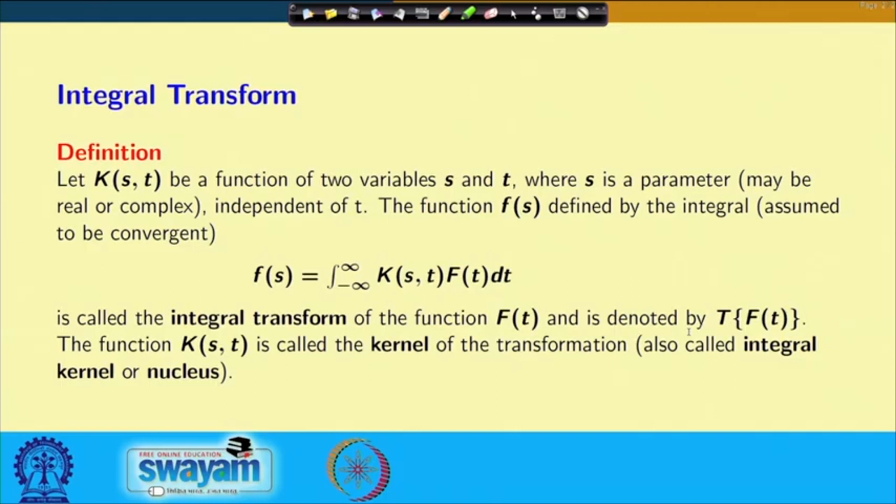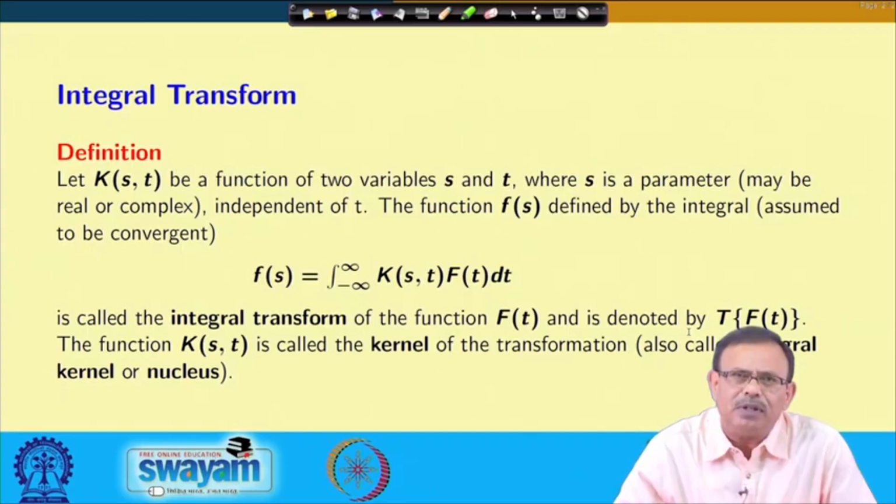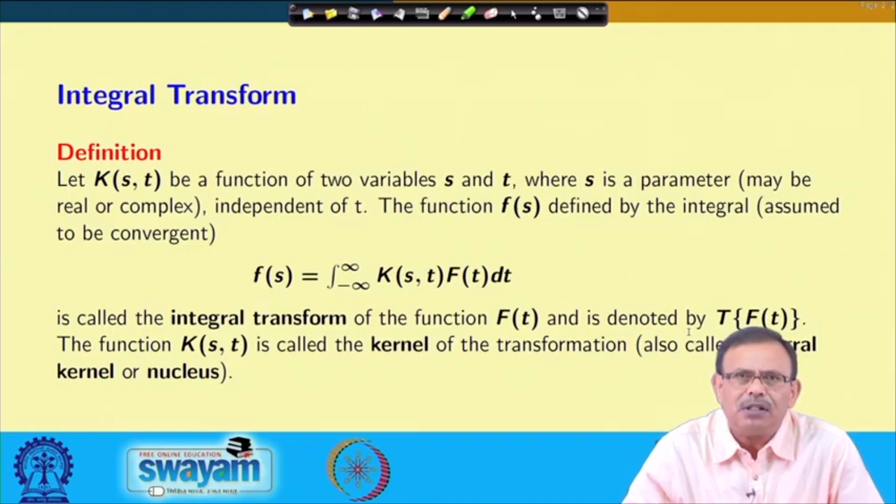The function K(s,t) is basically called the kernel of the transformation, and sometimes we also call it the integral kernel or nucleus. So, effectively, if you change the value of K(s,t), then we can find various types of transforms like the Laplace transform, Fourier transform, and so on.